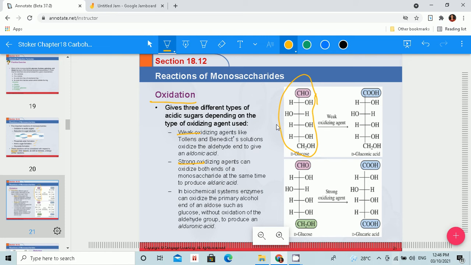since it's only weak, examples of it are Tollens and Benedict solutions. They oxidize the aldehyde end to give an aldonic acid. So here, this CHO is our aldehyde.